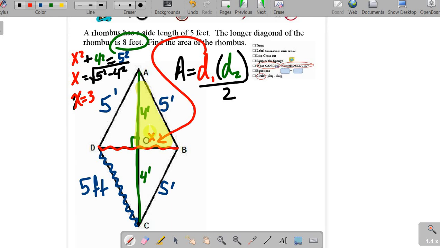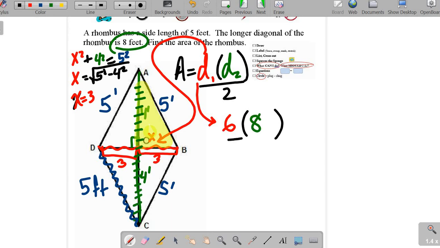Warning, that's not your diagonal, because if this is 3, that is 3. So our diagonal, if you come down here, that's going to be 6 times our other diagonal, which is 8 over 2.